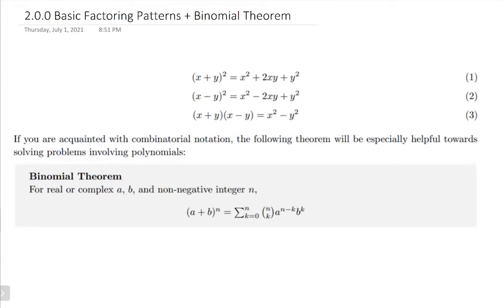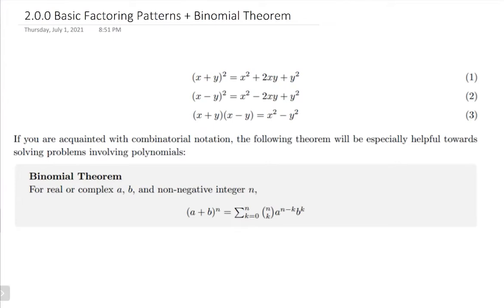The following theorem will be especially helpful towards solving problems involving polynomials. It says for real or complex a and b and non-negative integer n, we have a plus b to the nth power is equal to the sum from k equals 0 to n of n choose k times a to the n minus k times b to the k.